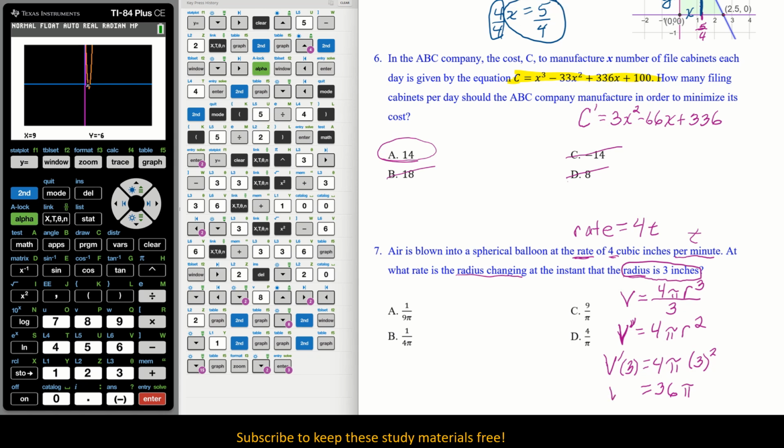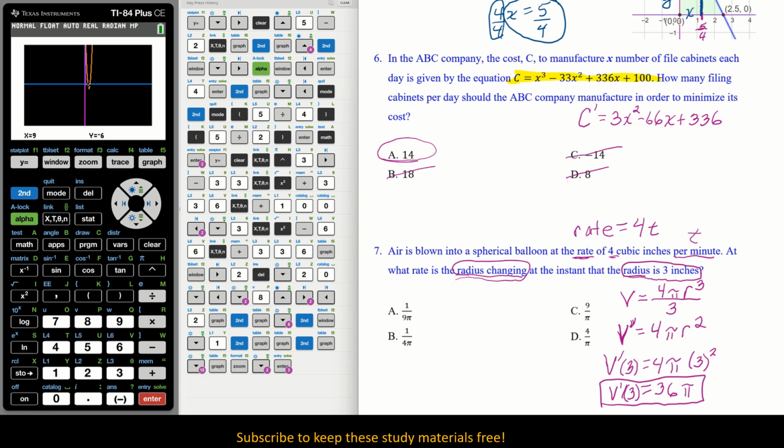That gives us the instant rate, but it doesn't answer the question. It says the radius is changing. At what rate is it changing? We have the volume rate at that time, but it doesn't help with the radius.